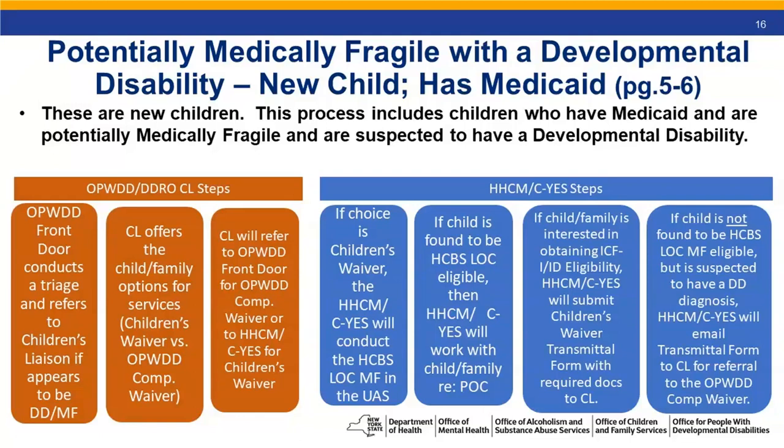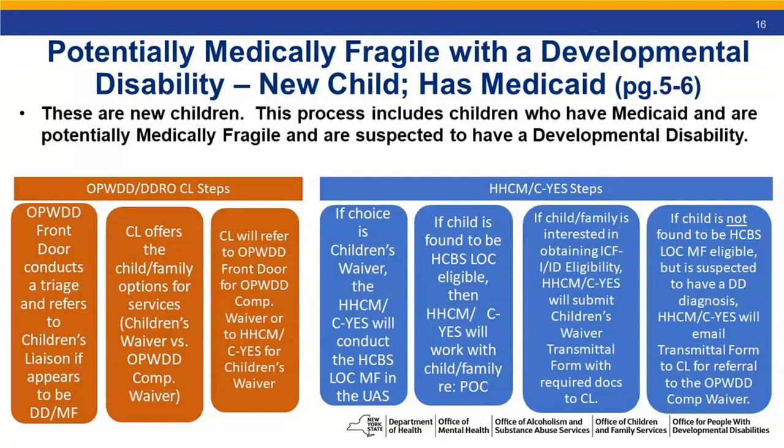The second box, the children's liaison offers the child and family options for the 2 different waivers that are available, the children's waiver or the OPWDD comprehensive waiver. And again, these orange boxes, it's kind of inside baseball, I should say, for OPWDD. So there could be a little back and forth here within our state agency.